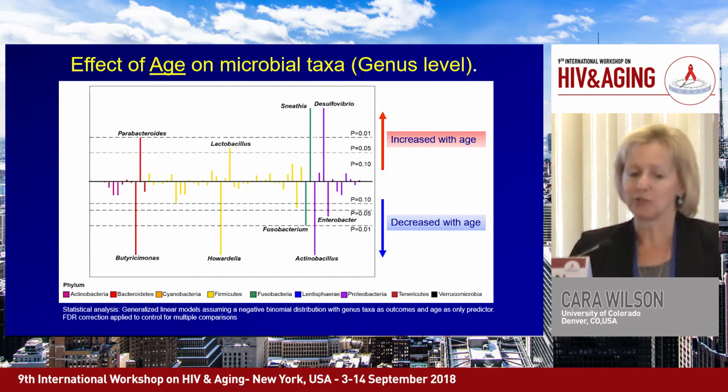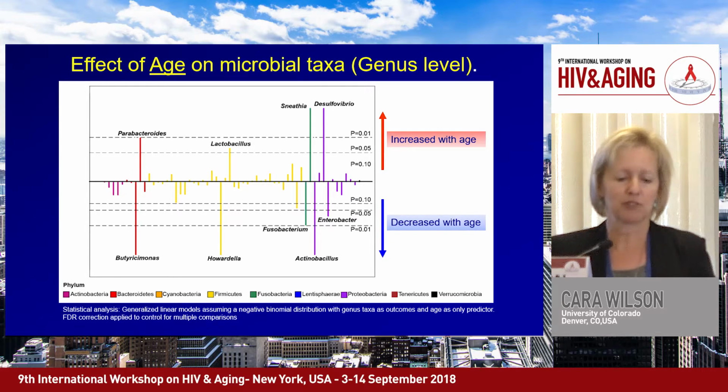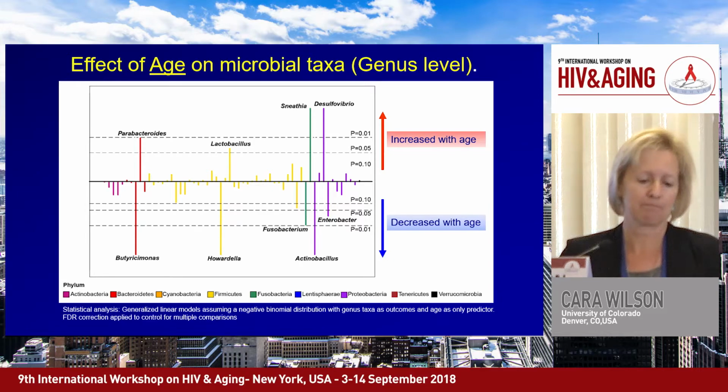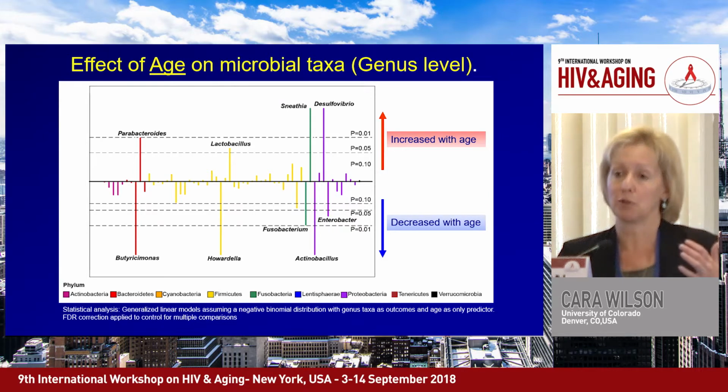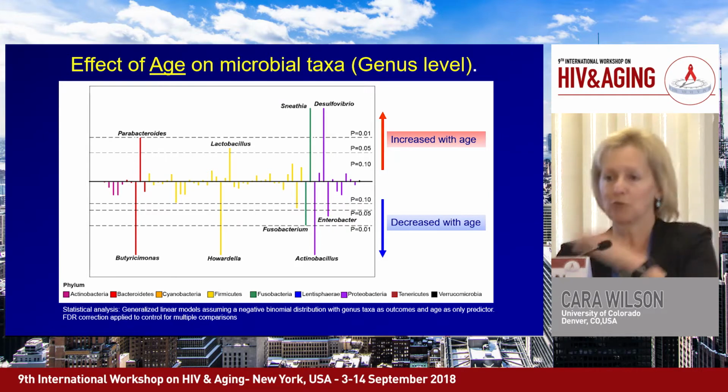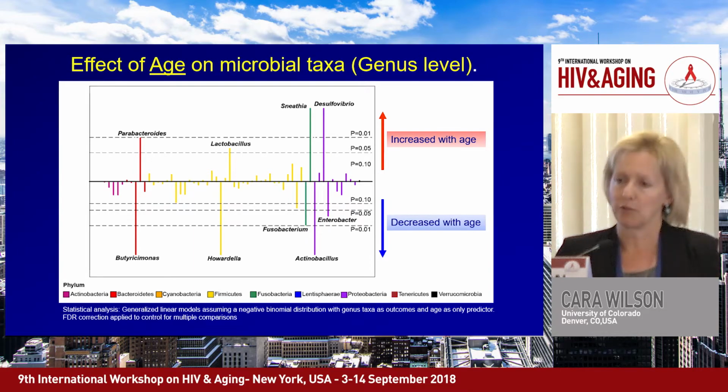They were a little bit counterintuitive, and what we found in general was that some of the bacteria that typically were increased with age when you compare young to old cohorts were going in the opposite direction in this kind of study.